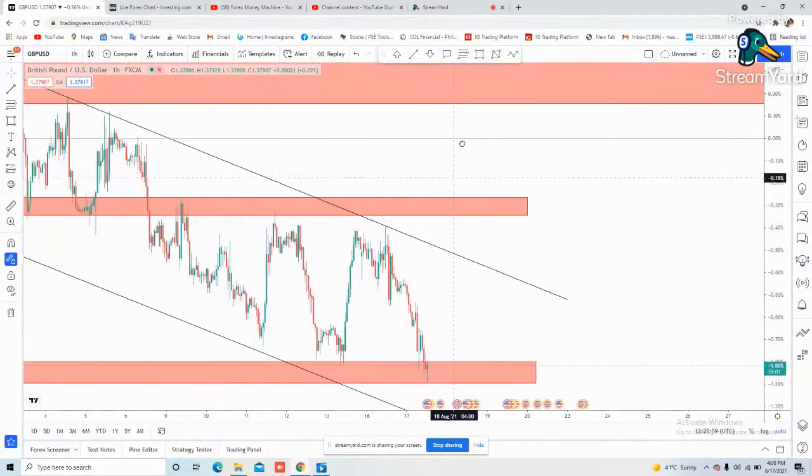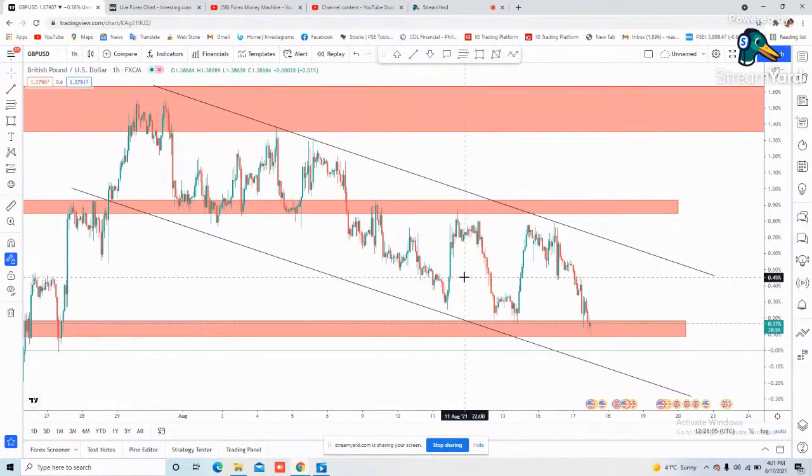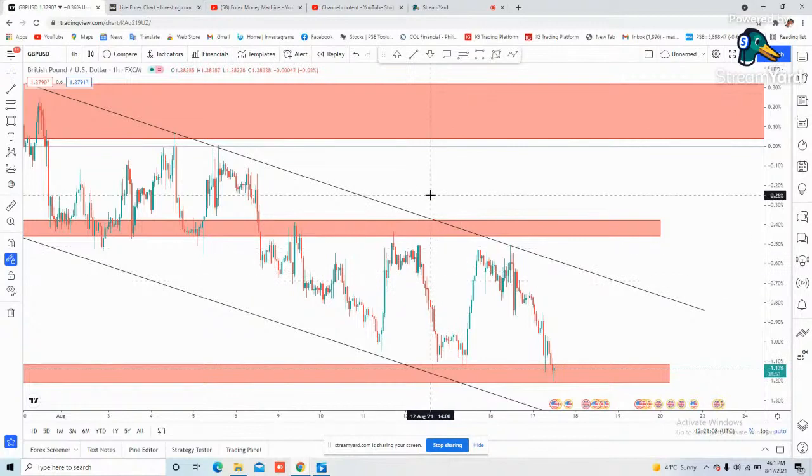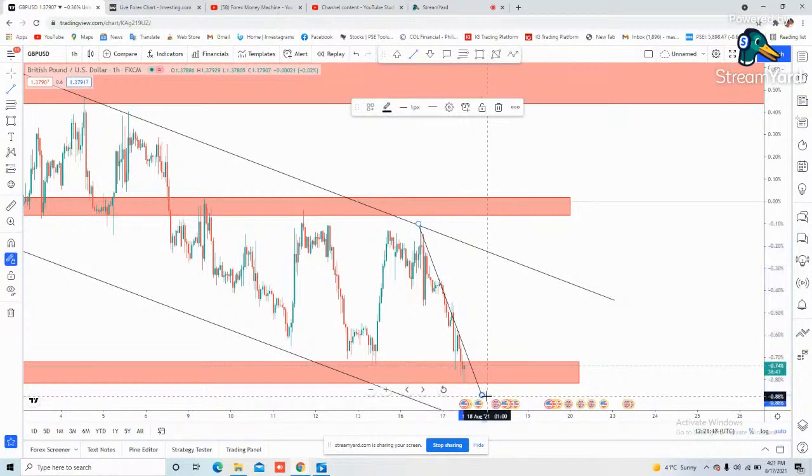So as you can see here, just wait for a confirmation candle. We need to put the trend line here, and it must break this trend line before we enter.